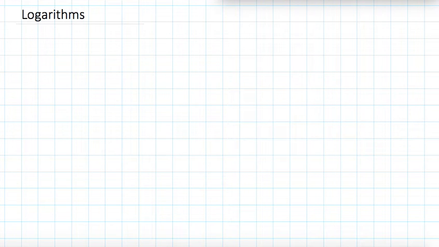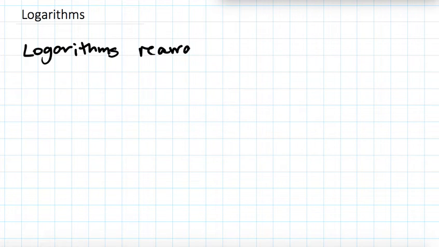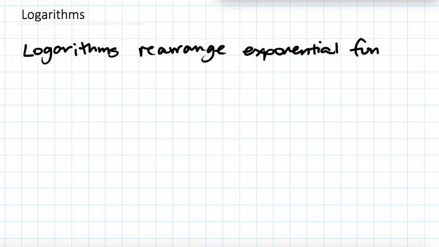So a logarithm is a way of rearranging an exponential function. And that's very important to keep in mind as you're working with them. So if I write, logarithms have a base, which is written in what's called subscript notation, which is kind of lower and smaller.